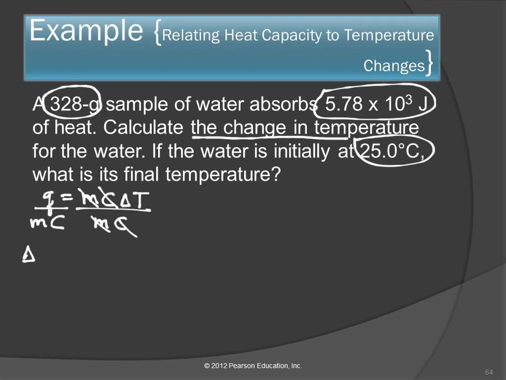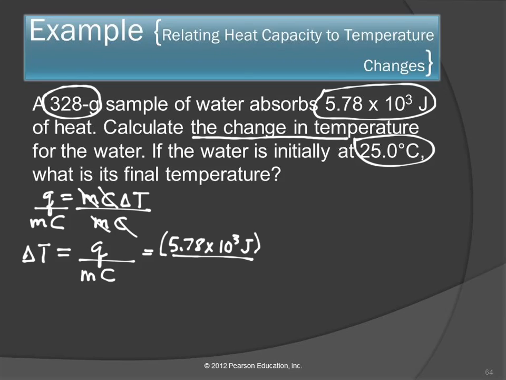So delta T equals Q over MC. Well, what's Q? It's the joules, so that's 5.78 times 10 to the third joules. Always, always, always write your units in there.